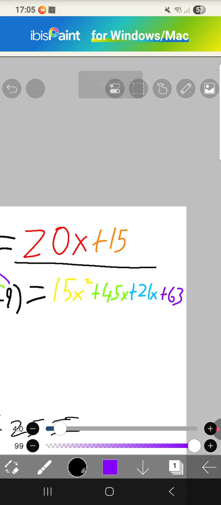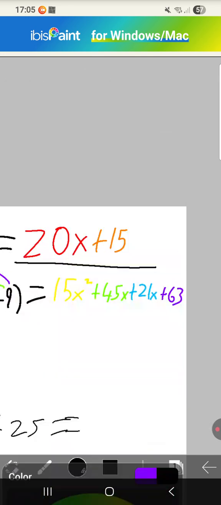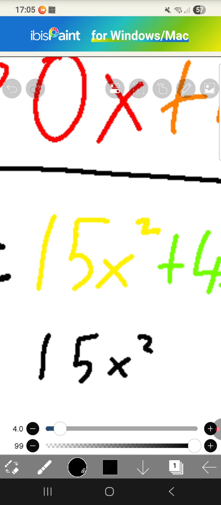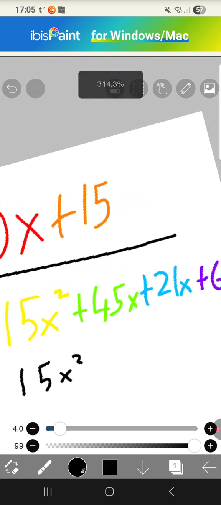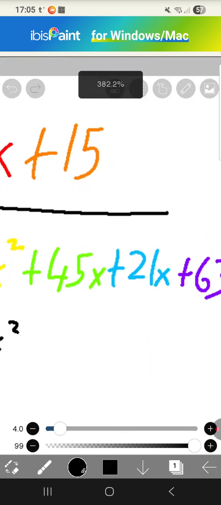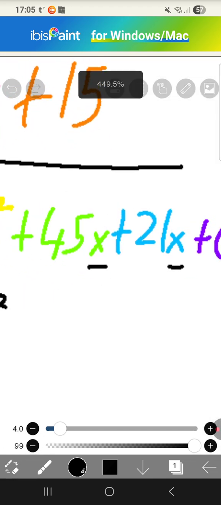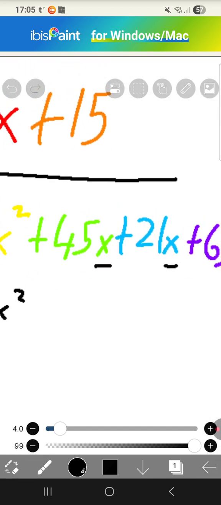Now, a lot of the time, school will ask you to simplify this. So we have 15x squared still, since there's no other x squared. Now you see there's 2 x's here. And this means they are the same. Since we are adding them, we will keep x the same.